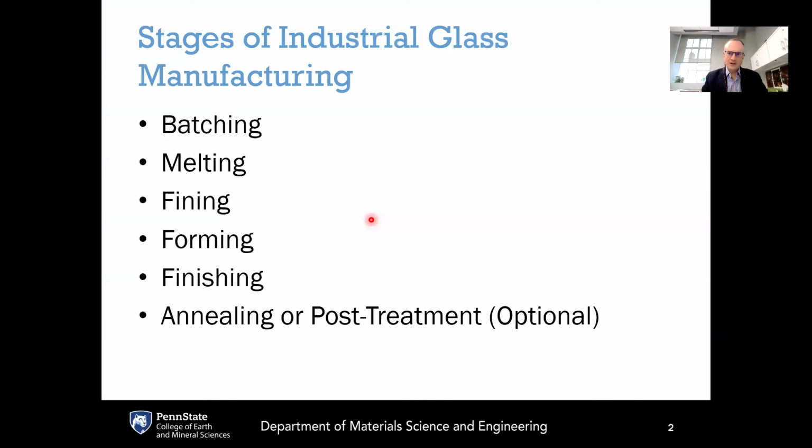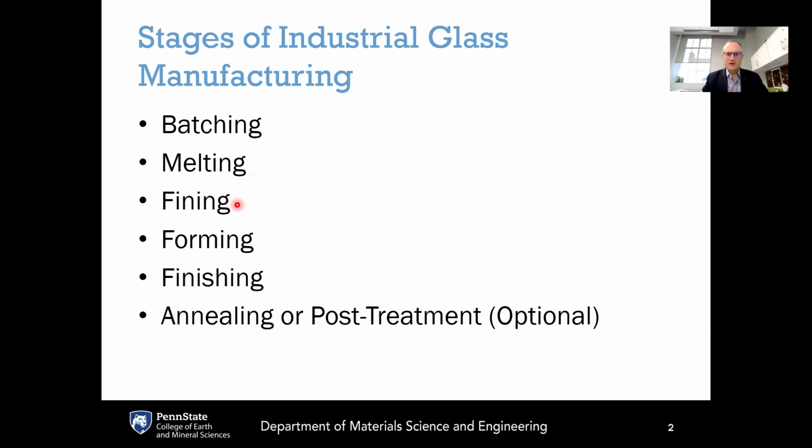So let's dive in. As just a reminder, the various stages of industrial glass manufacturing start off with batching. This is selecting the appropriate batch materials, mixing them together. Then they go into the melter, and we need to make sure that we can melt everything completely and homogeneously while minimizing any solid gaseous defects and also minimizing any inhomogeneities.